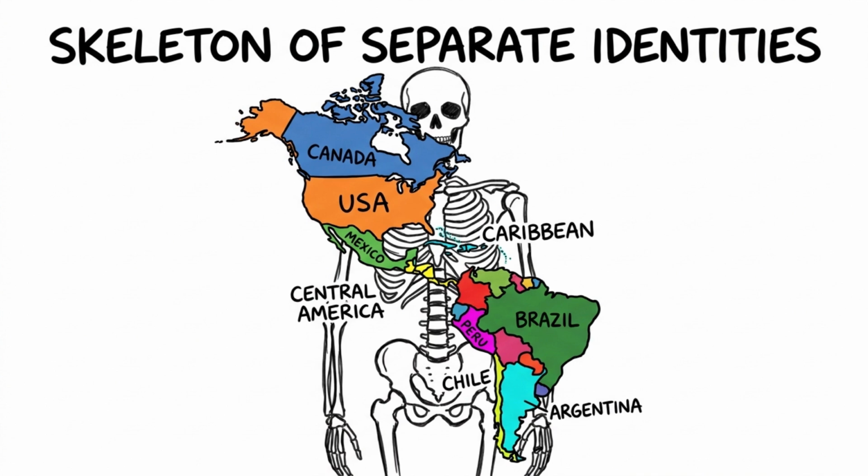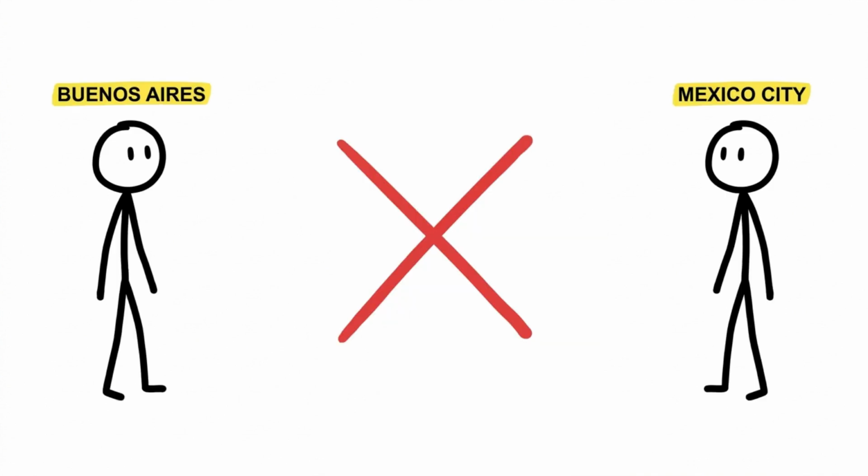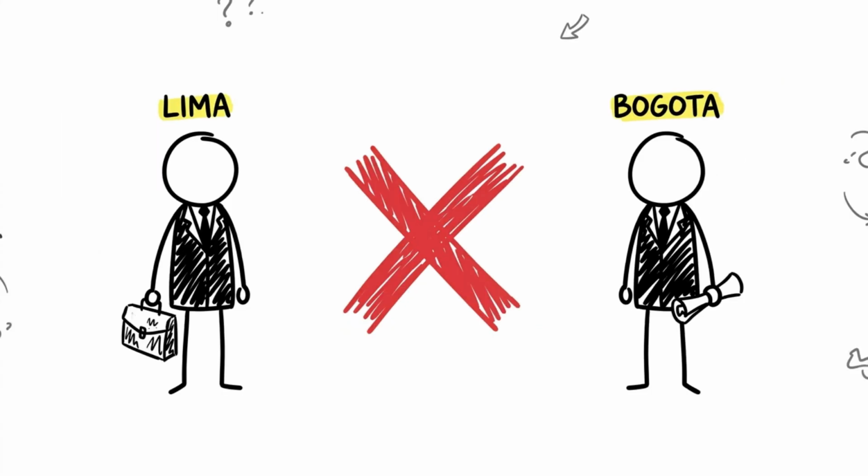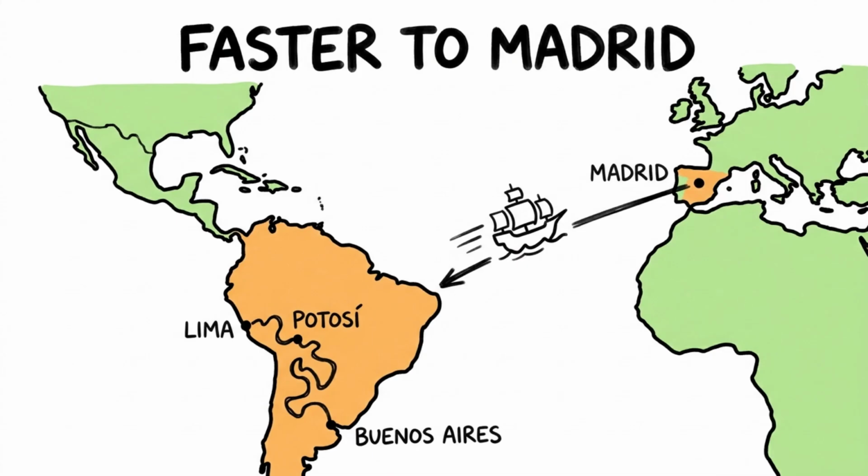A lawyer trained in Lima rarely interacted with a lawyer trained in Bogotá. You could travel from Madrid to Lima faster, in many cases, than you could travel between two Spanish-American cities that today sit inside neighboring countries. The empire connected each region to Spain far more tightly than it connected the regions to each other.